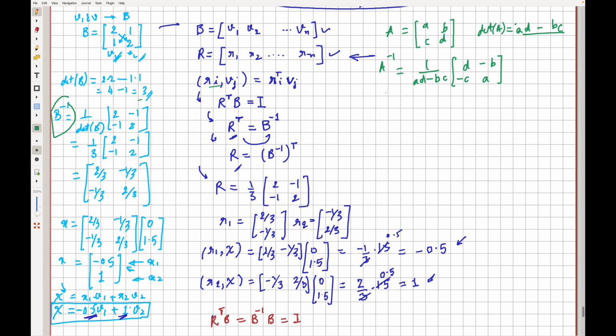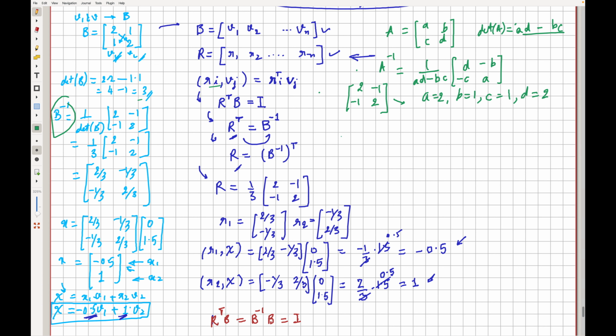So in this matrix which we have, where we have 2 along the diagonals and minus 1 along the off diagonals, we have A equal to 2, B equal to 1, C equal to 1, D equal to 2.